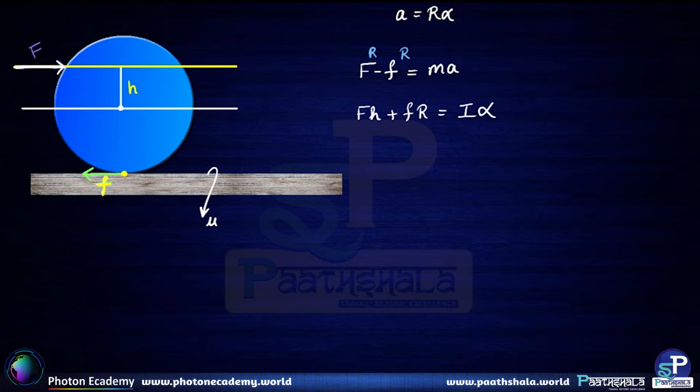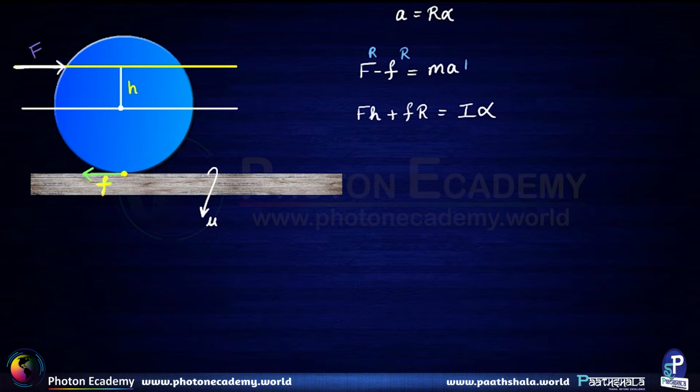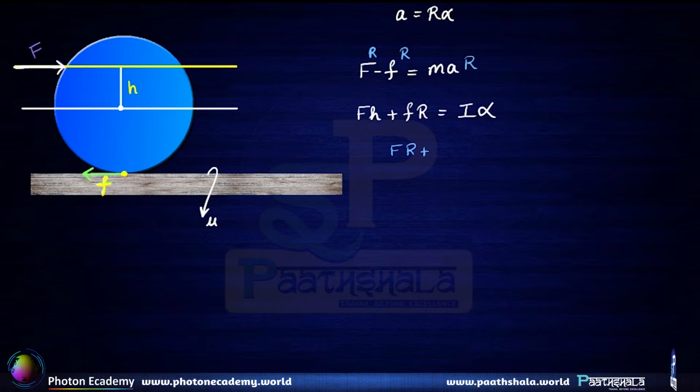So Fr minus small f into r will give me mar, and if I do that and add these two equations, this one and this one, then what do I get? I get Fr plus Fh is equal to mar plus I alpha.